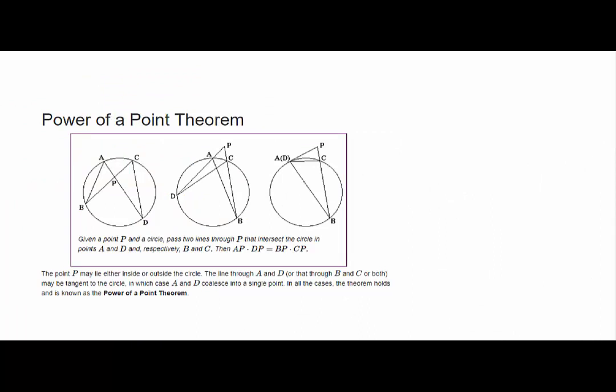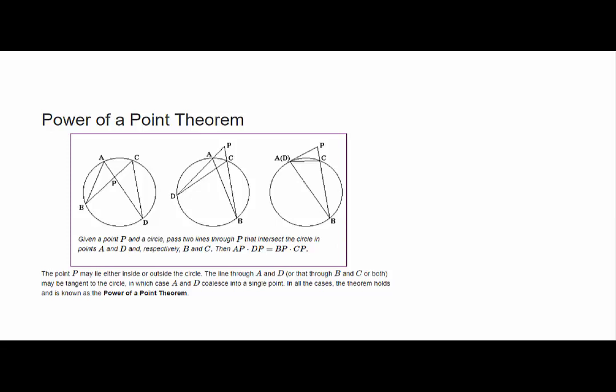So recall the power of the point theorem. According to this result, suppose you have a circle and two lines passing through it. In fact, you have two chords, determined by the pairs BC and AP respectively.